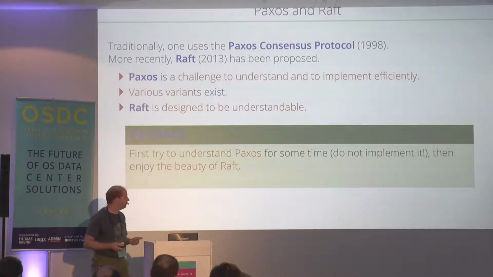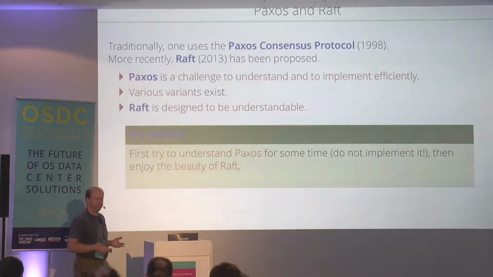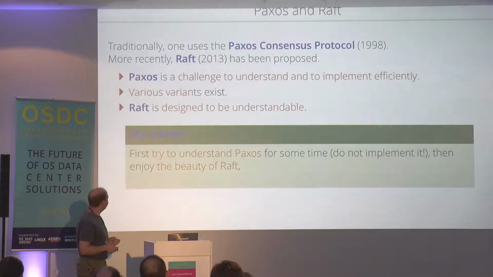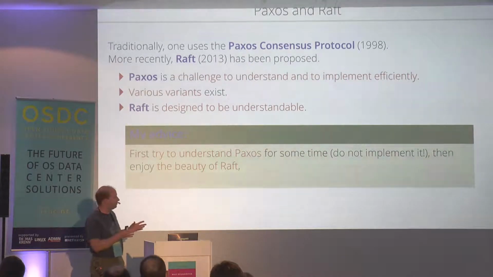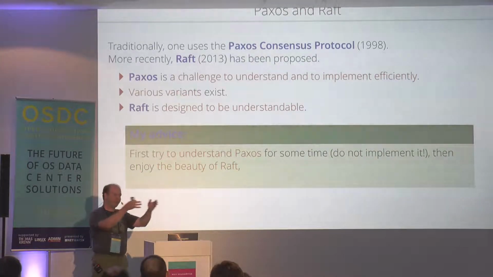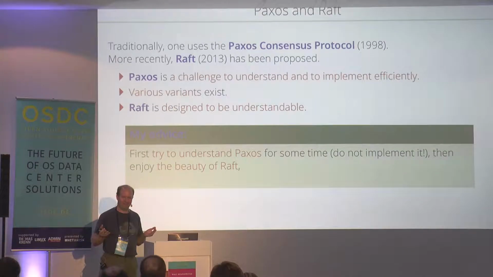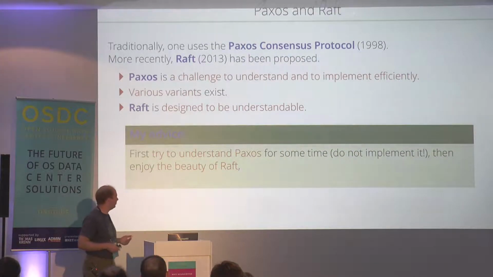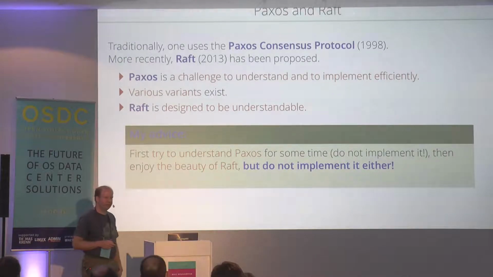Don't implement it. Then, if you have prepared your mind with this complicated Paxos, go away and read the Raft paper, which is a beauty. It's written to be understood, and the protocol is really beautiful and, in comparison, rather simple. But don't implement it either.